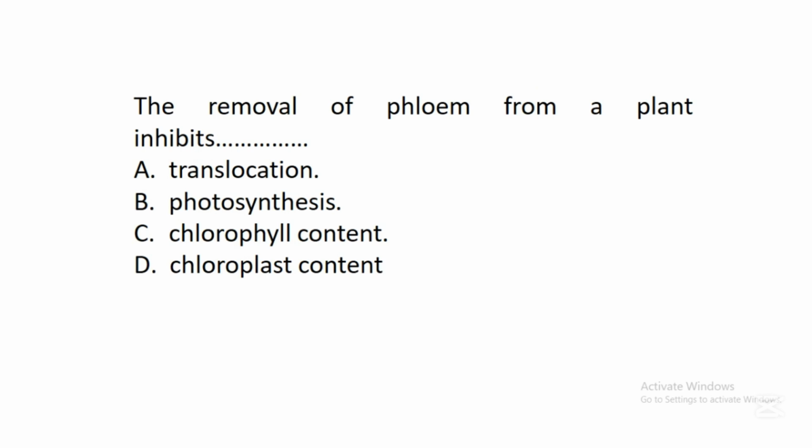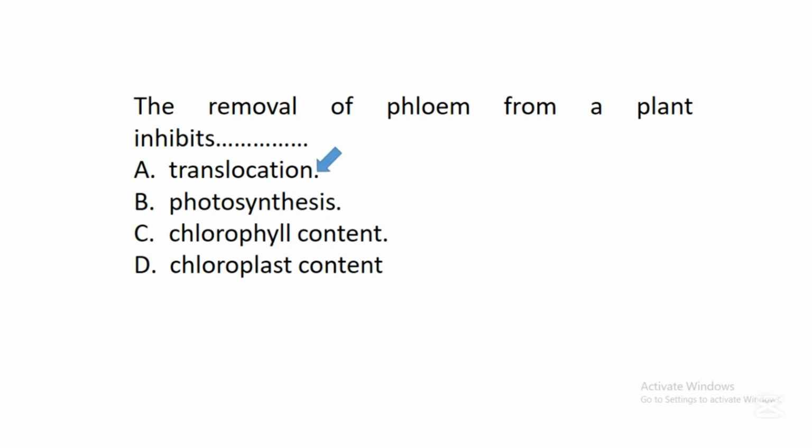The next question says, the removal of phloem from a plant inhibits dash. A. Translocation. B. Photosynthesis. C. Chlorophyll contents. D. Chloroplast contents. In this question, the correct answer is A. Translocation.